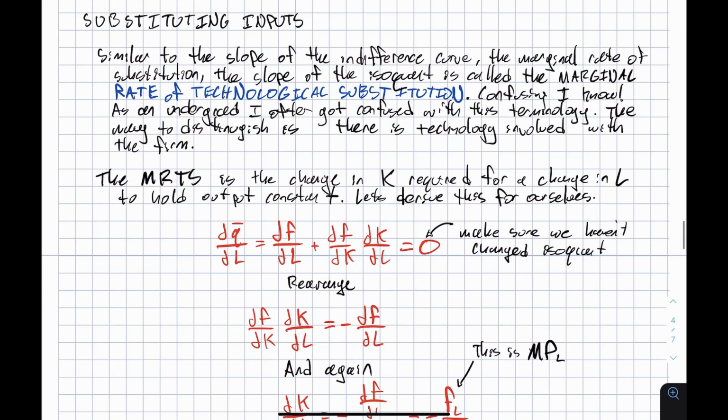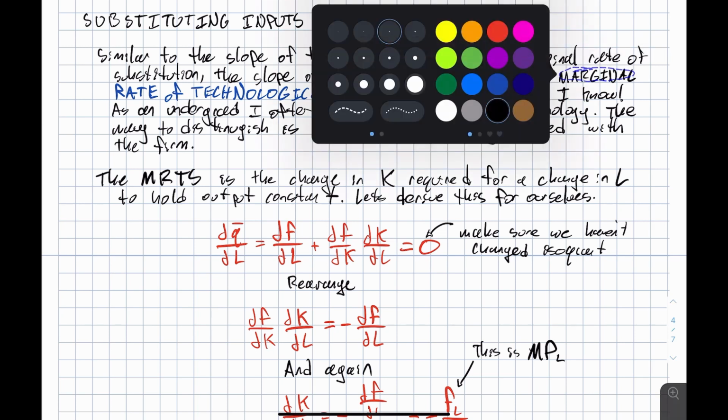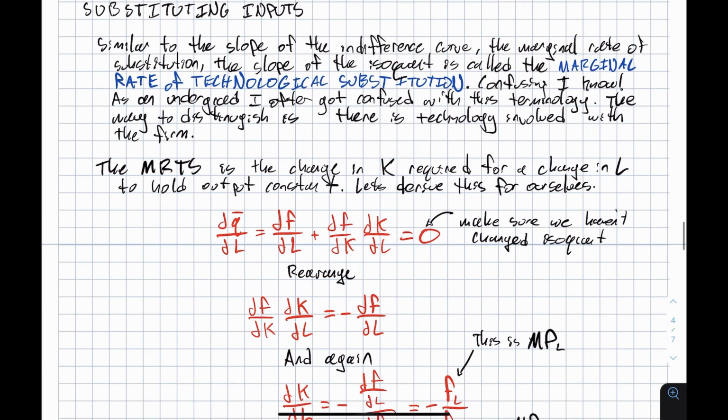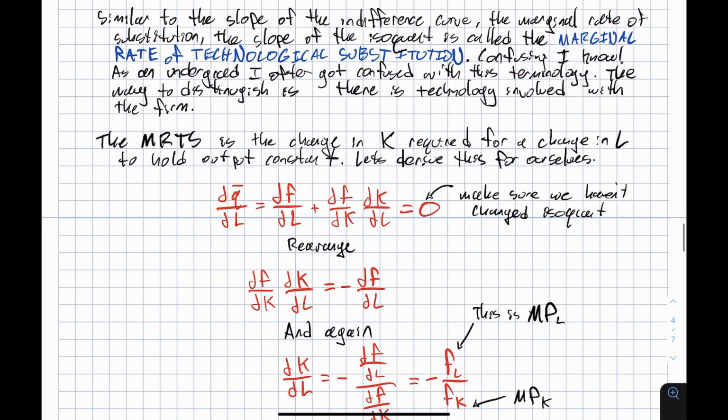Okay. So when we think about substituting, the slope of the isoquant is what we call the marginal rate of technological substitution. And this is the analogous concept to the marginal rate of substitution for the consumer.